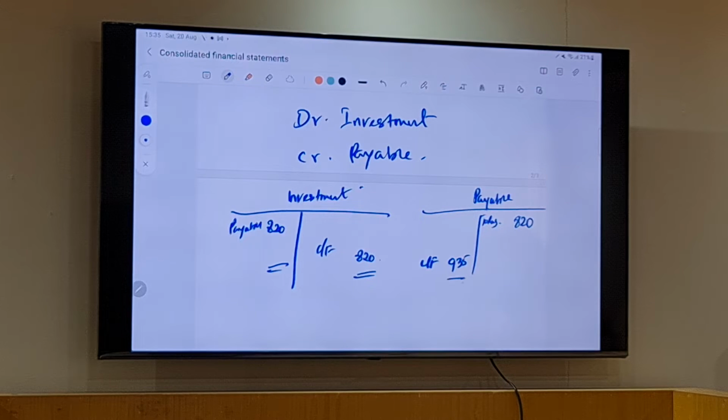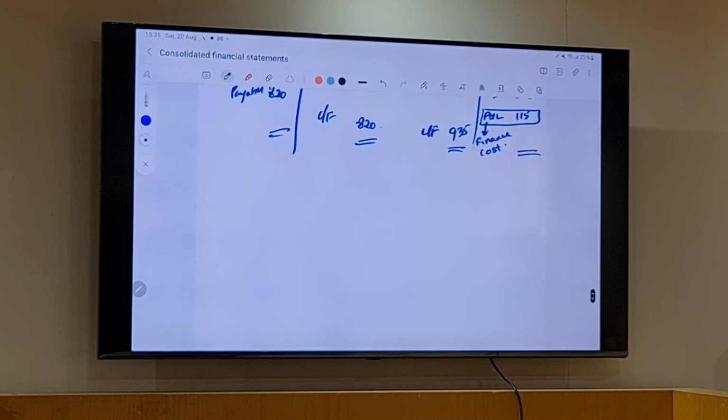So there is a difference coming in, right? How much is the difference? 115. This you have to transfer to P&L as a finance cost.